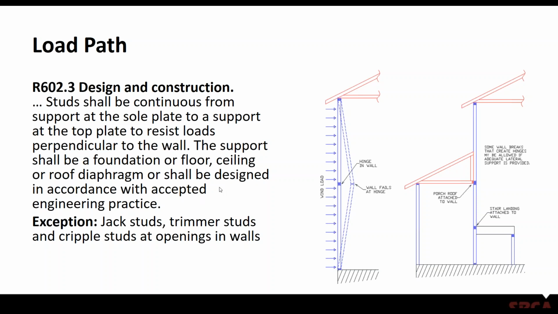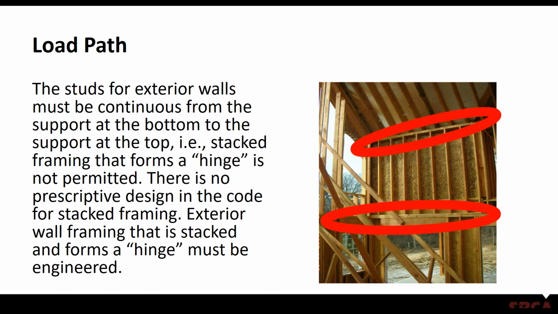But what that provision is basically saying is that this sketch on the right-hand side, which shows a tall wall with a hinge in the wall, is not accepted, for reasons you can see in that sketch. Yet you do see that type of application used quite a bit, and that's not a good design or construction practice.